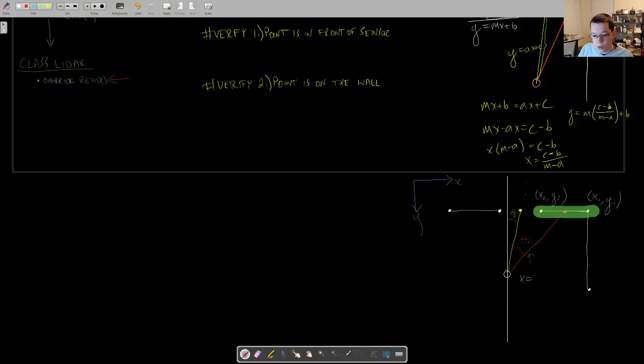X, Y. So I've drawn the positive X and Y. The further positive we go in the Y-axis, the further down the screen we go. Positive X means further right. It's a little bit confusing, but you can get used to it.